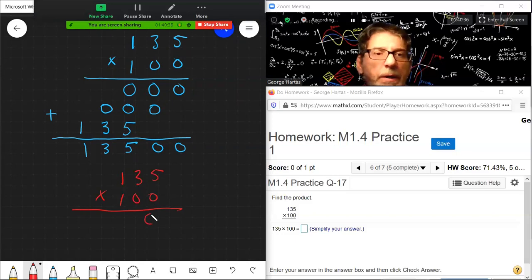I'm going to bring them down. And then I'm going to multiply the non-zero digits, which are these. 1 times 5 is 5. 1 times 3 is 3. 1 times 1 is 1. It's the same thing. Much easier, though. And I think you'll agree.